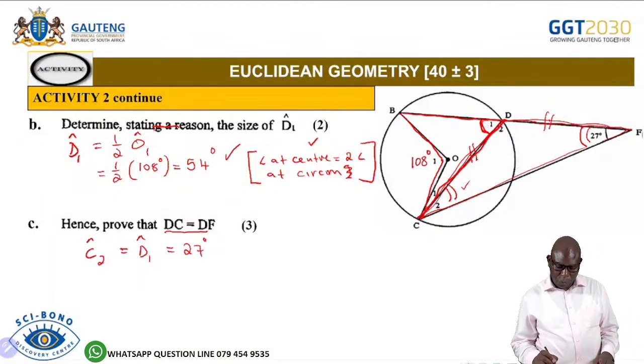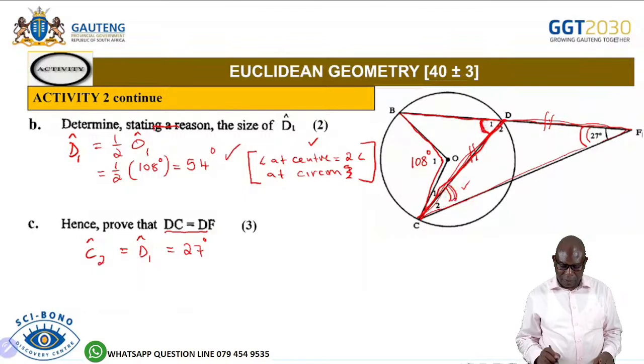If you look at C2 and D1, those angles will be equal to 27 because of the exterior angle of a triangle. Now let's look at this one, because that angle here is 54 degrees, and it's an exterior angle of a triangle. Which means that if this one is 27, that angle here will also be 27.